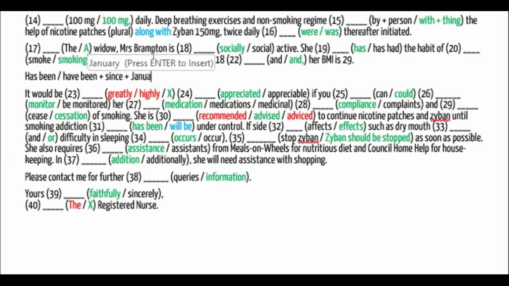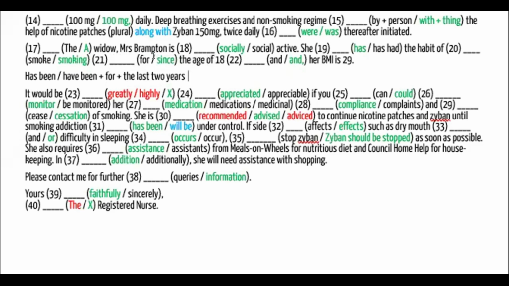Since January 2020, or she has been working in this hospital for the last 2 years. This is the difference between since and for. You are asking about question number 21, habit of smoking since the age of.